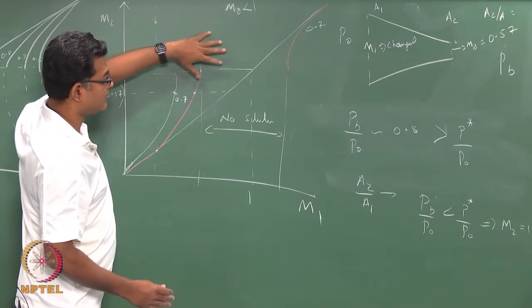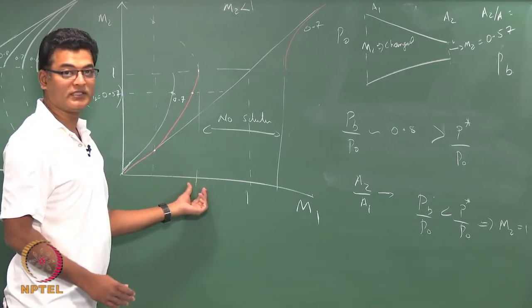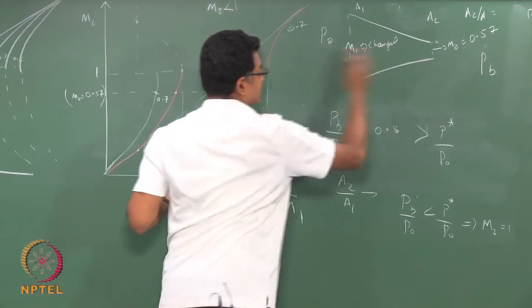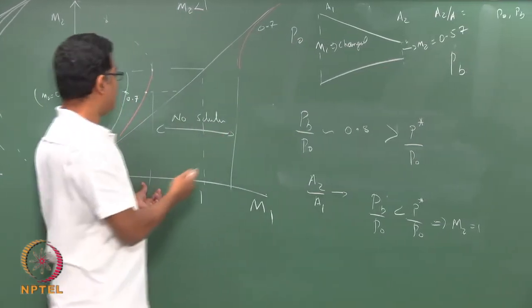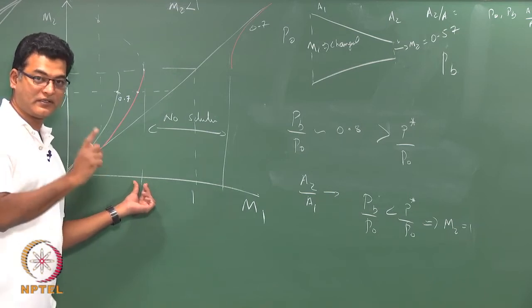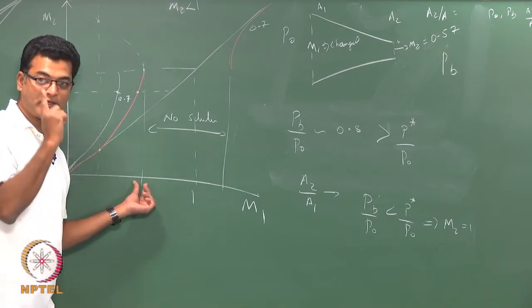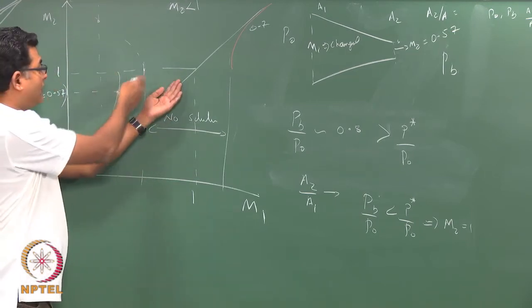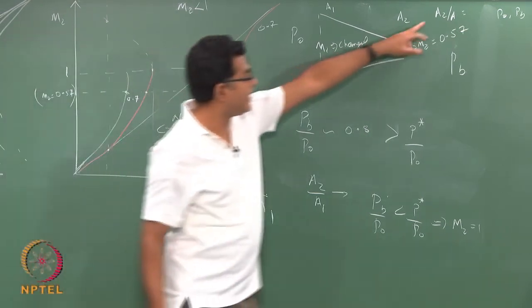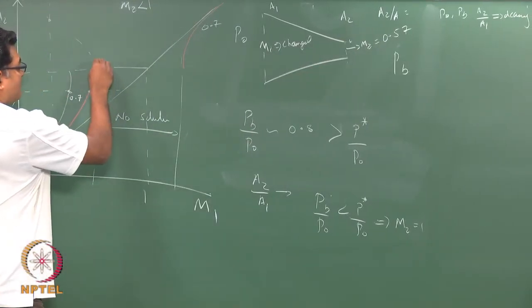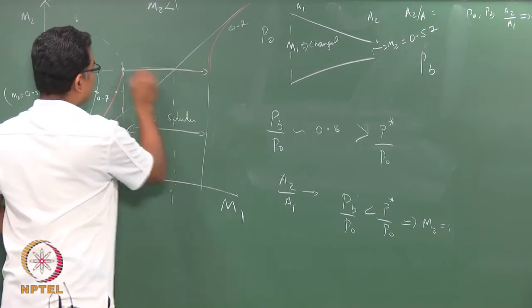Now, I do something, I keep M1 constant, which can take any value. So, if somehow I force M1 to be some constant value and I change my A2, I see that for some value of A2, I have this case in between where I have no solution.